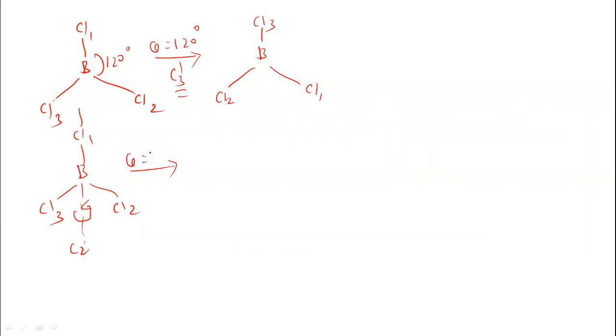C2 means 180 degree rotation, so you can rotate this 180 degrees. Then it shows the configuration: chlorine 1 remains as it is, chlorine 2 is now here and chlorine 3 is here. So it has 3 C2 axes.